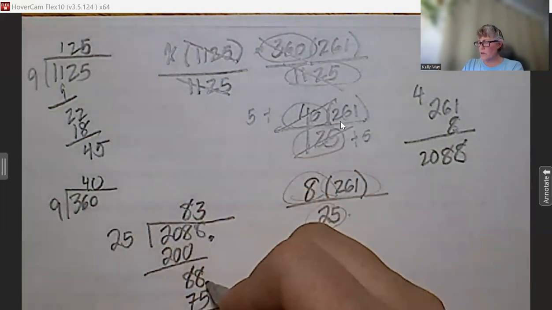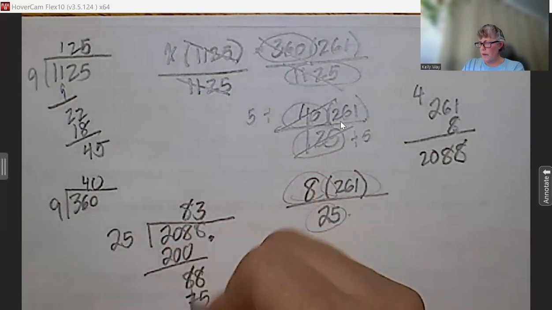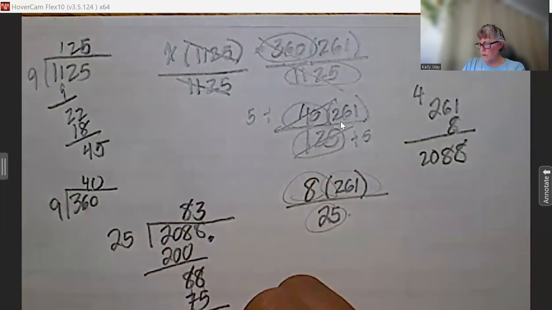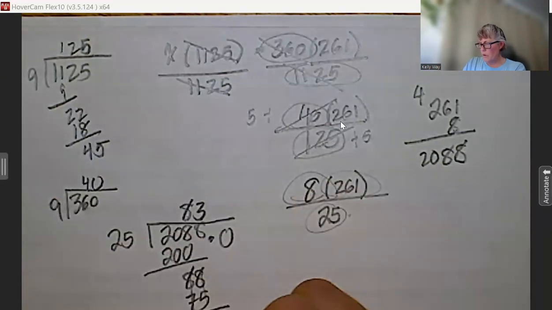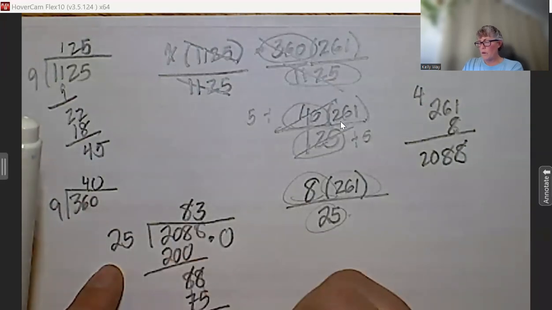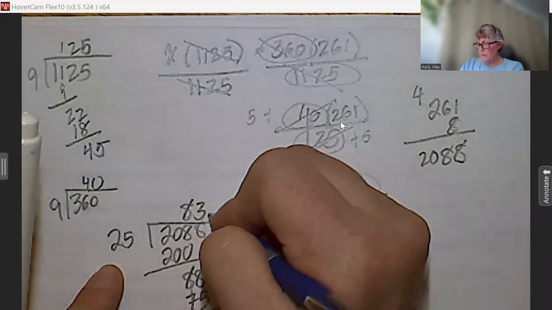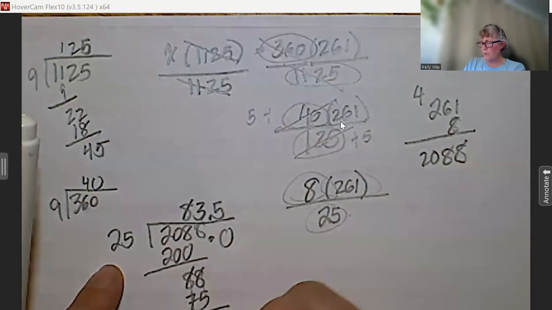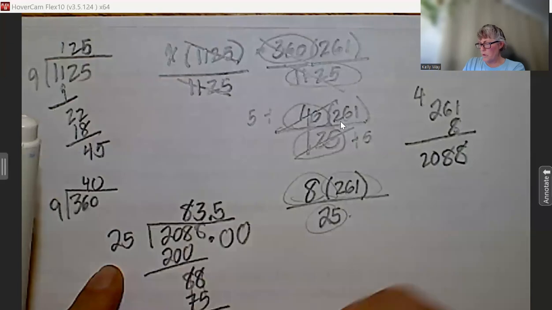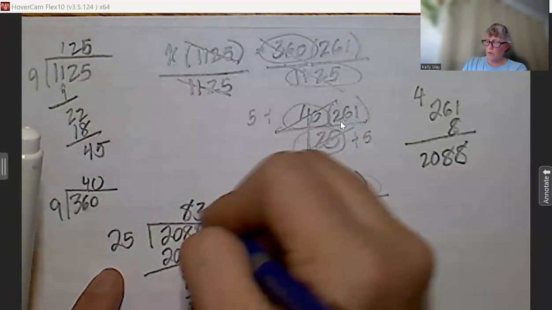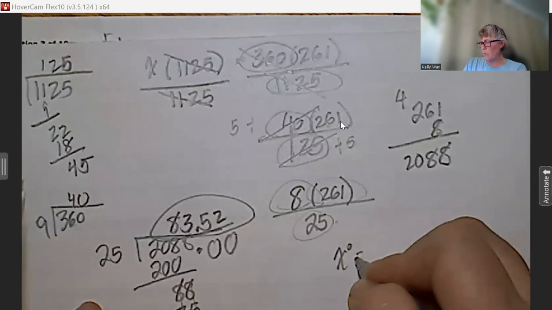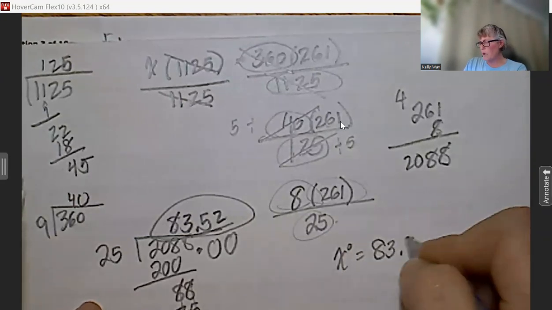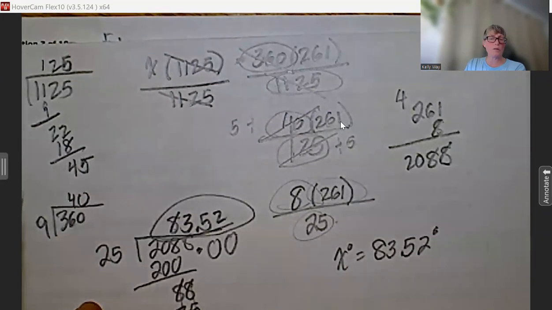We'll be bringing down a decimal here. And that is 3. That is 1, 0, 0. Goes in there 5 times. 5, 0, 0, and 2. So my x degree is going to be 83.52 degrees.